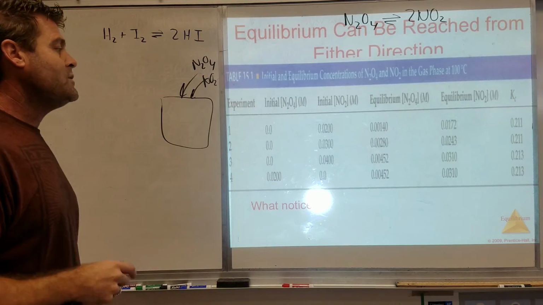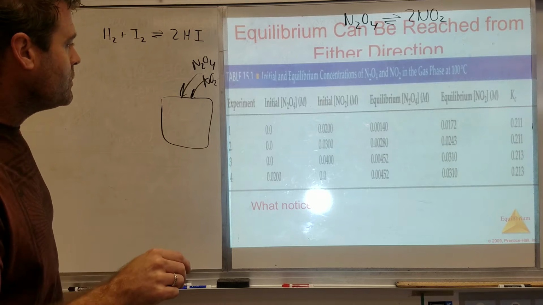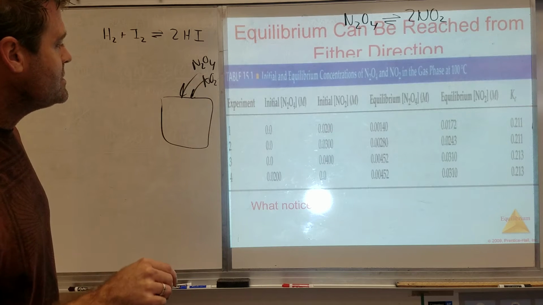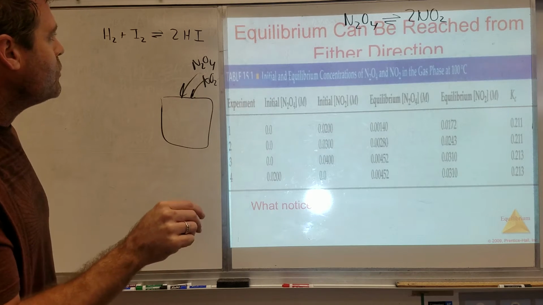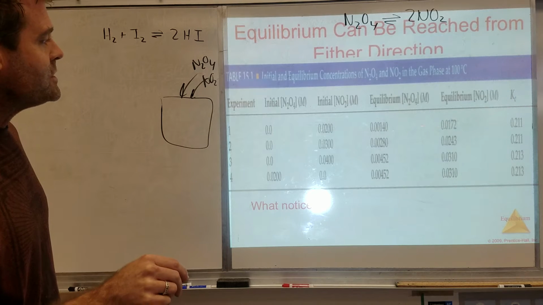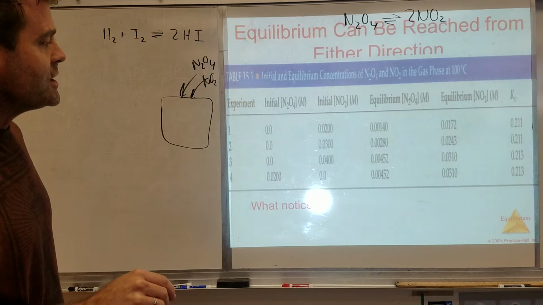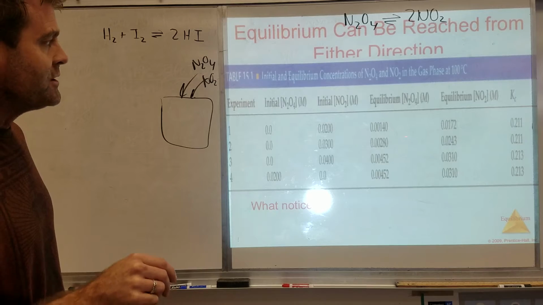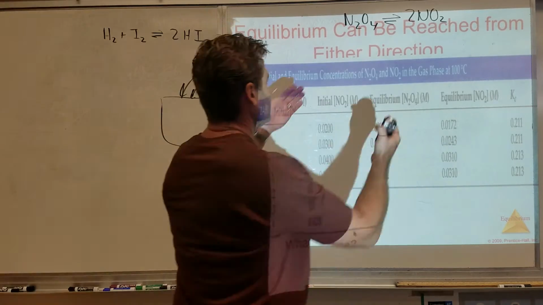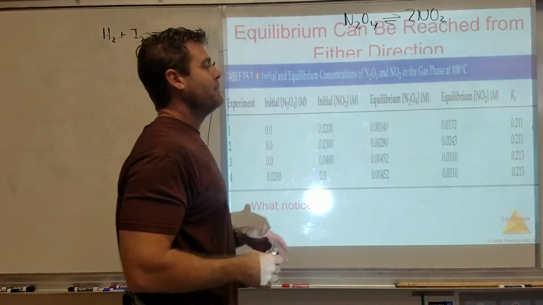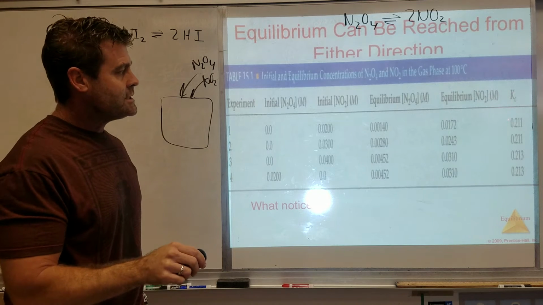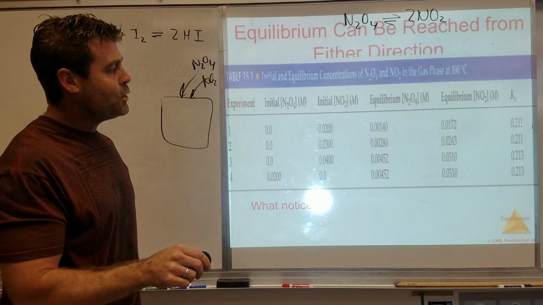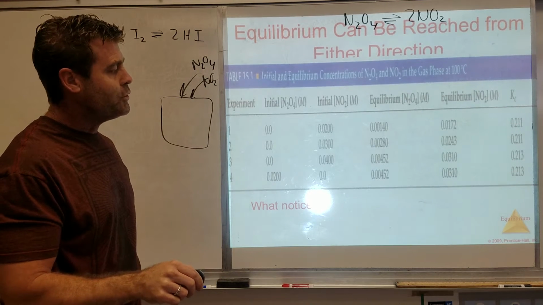Now, what I wanted you guys to notice, though, is that depending on how much we put in, that will ultimately determine what the concentrations are when they reach equilibrium. Remember, at that point, the concentrations stay constant. But what do you guys notice here? This says 0.211, 0.211, 0.213, 0.213.